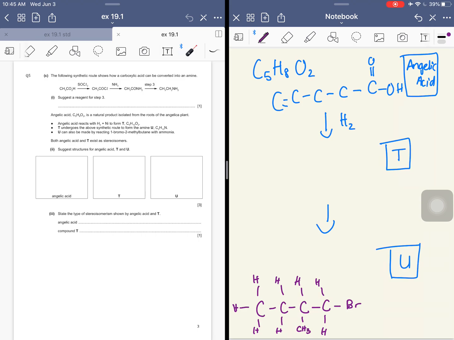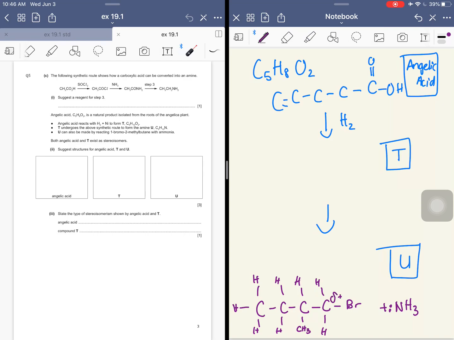So 1-bromo-2-methylbutane will react with ammonia to give U. This is an SN2 reaction. Based on your AS reaction, ammonia acts as a nucleophile.